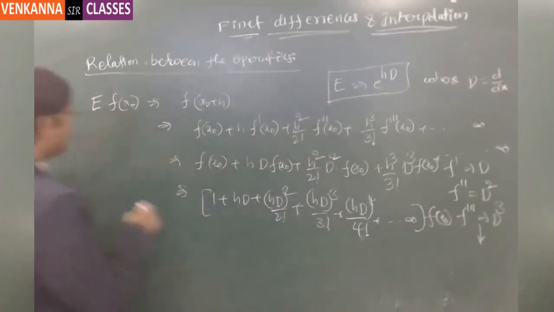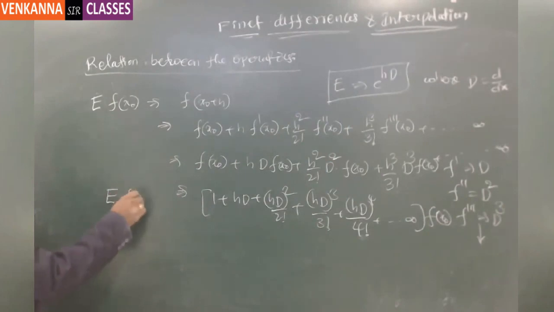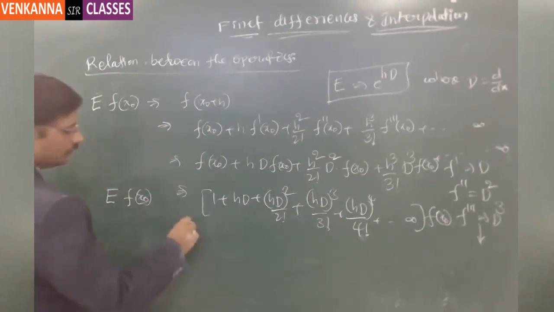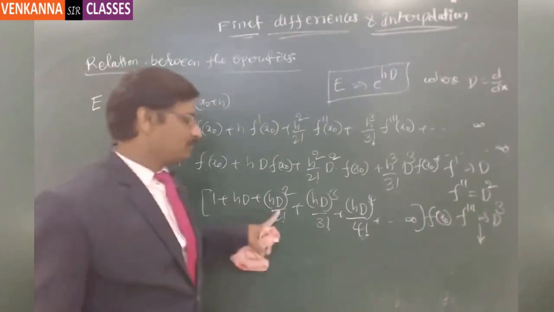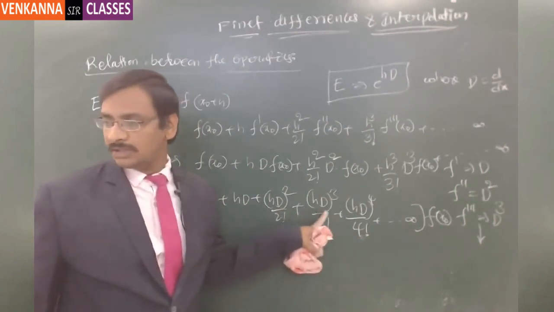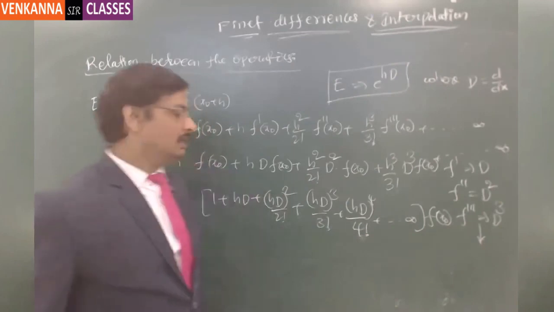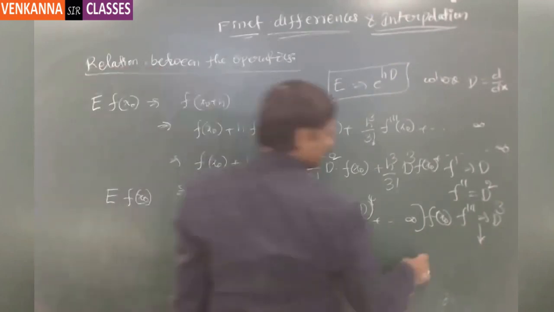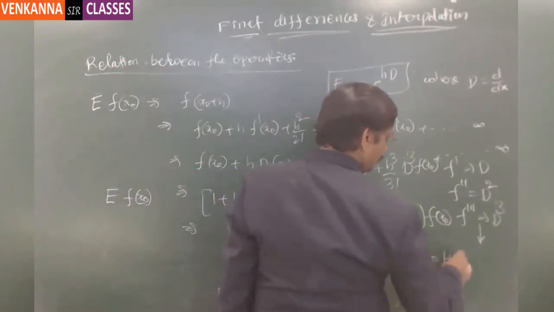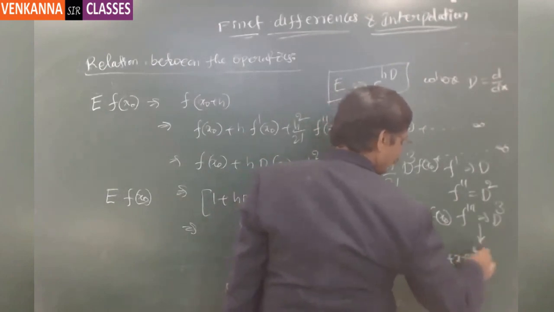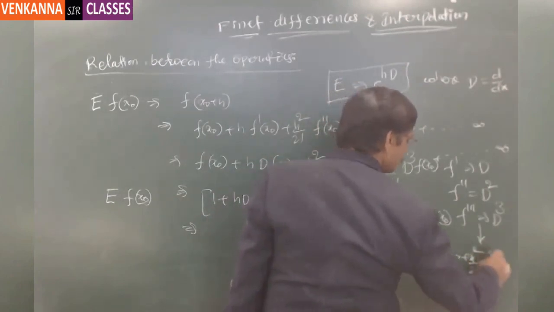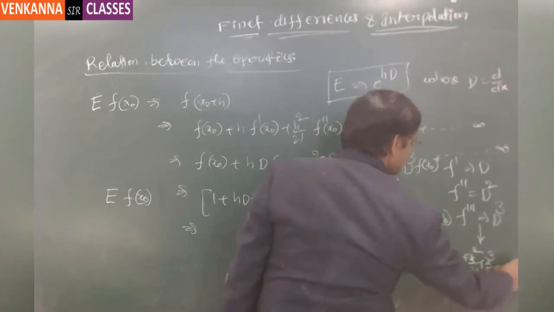So here E f of x naught is equal to, if you notice, 1 plus x plus x square by 2 factorial plus x cube by 3 factorial plus x power 4 by 4 factorial and so on. This expansion is essentially e power x, where e power x is 1 plus x plus x square by 2 factorial plus x cube by 3 factorial plus and so on up to infinity.